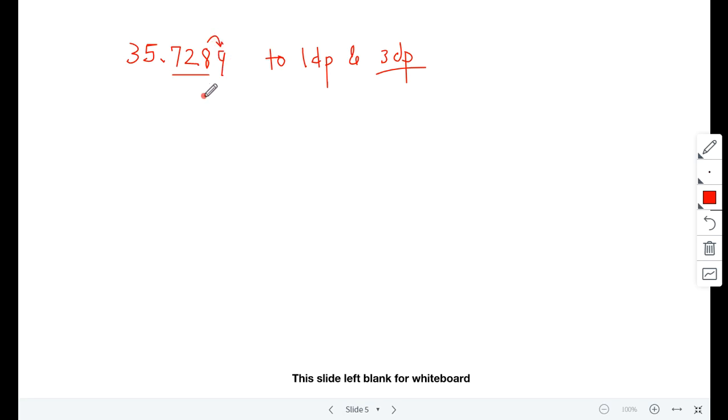But if it's greater than 5, you have to add plus 1 here. So it'll be 35.729. Okay. So this is your answer.